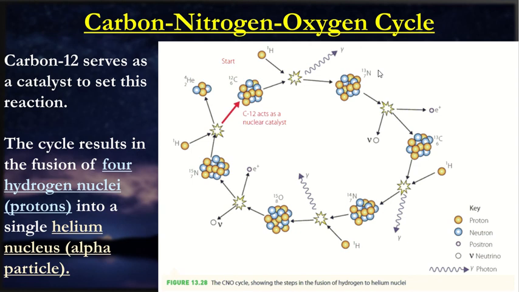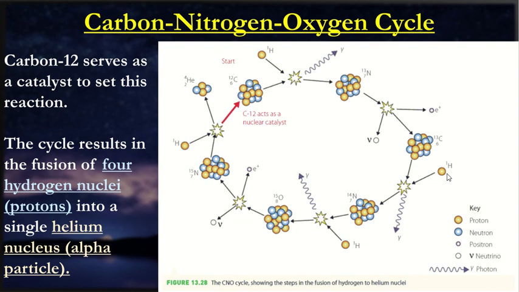This nitrogen-13 is a highly radioactive isotope, so it's going to break itself apart. It's going to release a positron and produce a neutrino. That's going to make it go back into carbon-13 because it's lost a charge, so our charge number goes down.